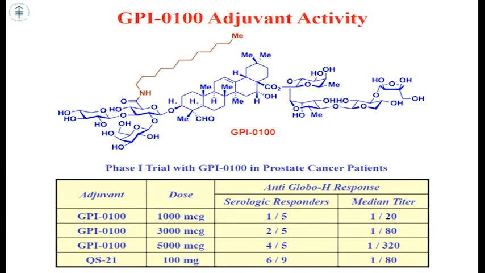Based on this result, we took GPI 100 to the clinic. The dose is very high compared to QS21. For QS21, all we need is 20 microgram. For GPI, we need almost 1000 microgram. QS21 is 100 microgram per patient.